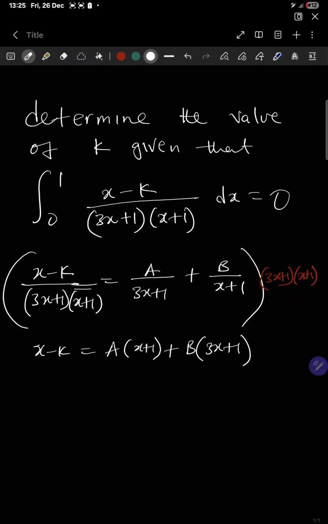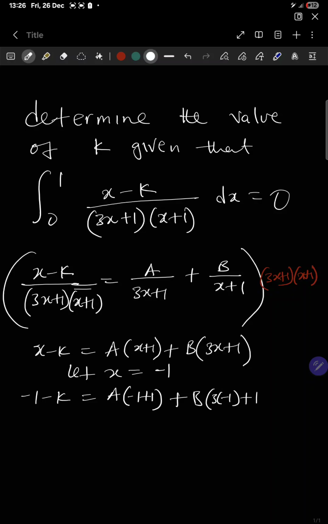By doing so, we let x be equal to -1, meaning we have -1 minus k is equal to a(-1 plus 1) plus b(3 times -1 plus 1).